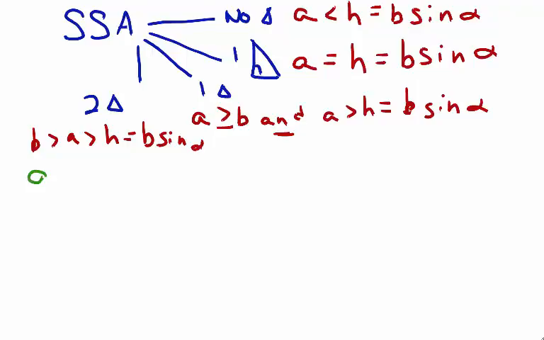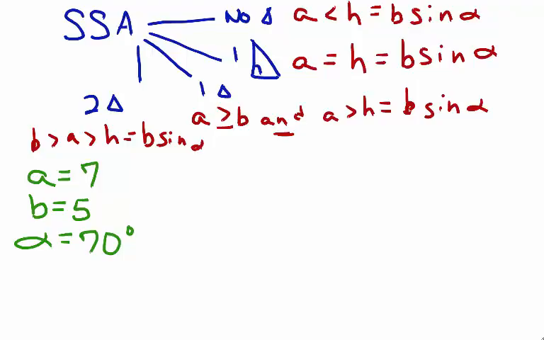Suppose you're given information about a triangle where side A equals 7, side B equals 5, and angle alpha equals 70 degrees.